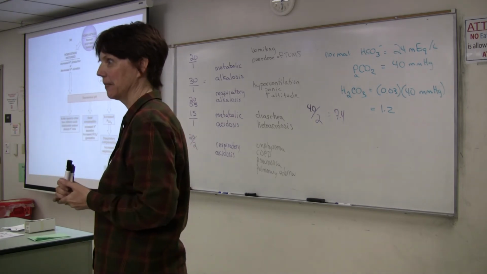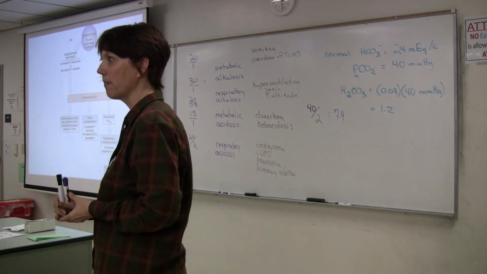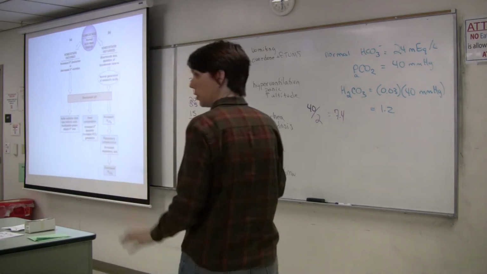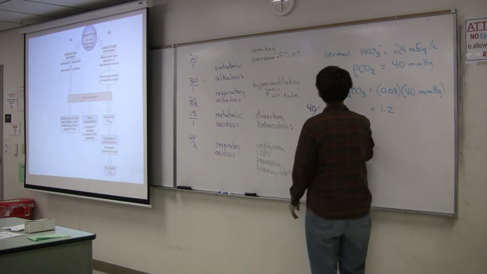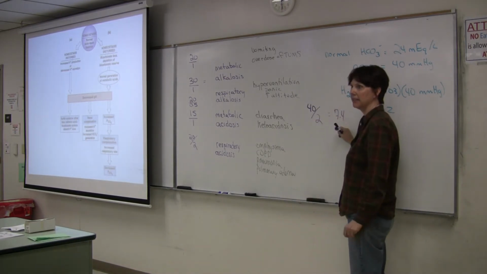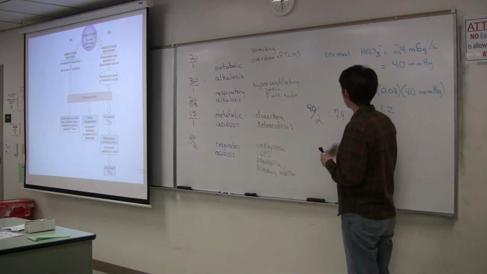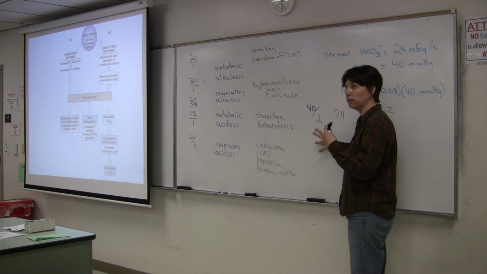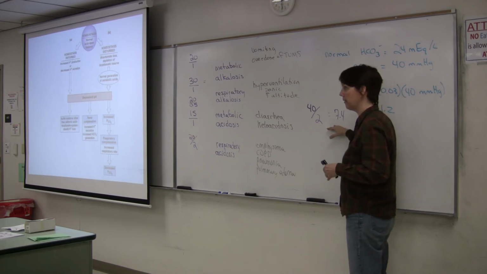If both values either double or shrink and the ratio comes out to 20:1 and your pH is 7.4, it's fully compensated. For the extra credit, to be fully compensated, the pH has to be 7.4. Even though 7.37 is in our normal range, we'll consider it partial because it's not yet 7.4.